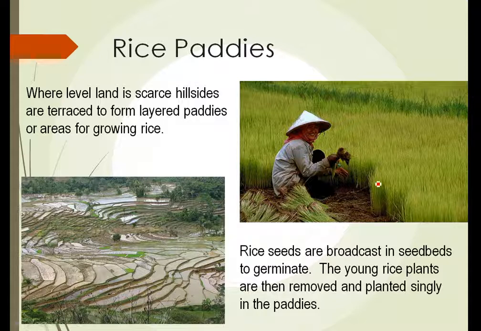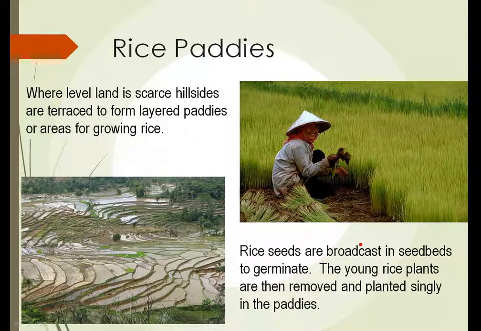The picture on the right, this woman is not harvesting rice. What's happening here is rice seeds were broadcast in a seed bed and they germinate up to about this size. At this point, they're pulled out of that field and taken to a paddy and planted one by one, essentially plant by plant, in the rice paddies.